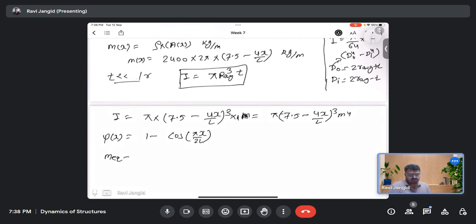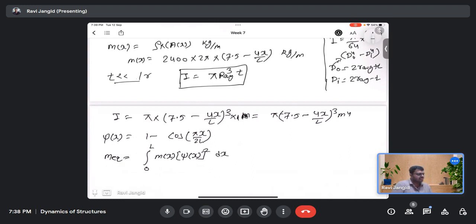M equivalent would be integral from 0 to L of the mass mx times psi x square into dx.